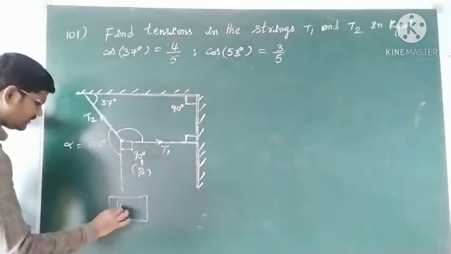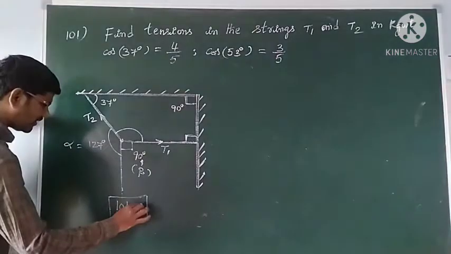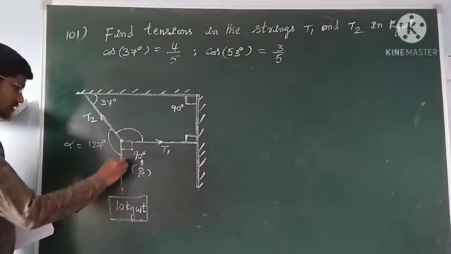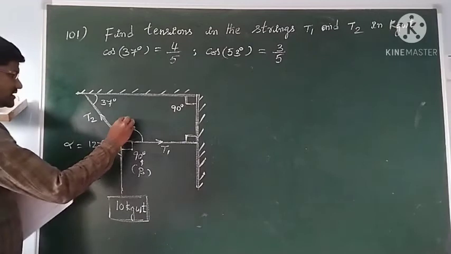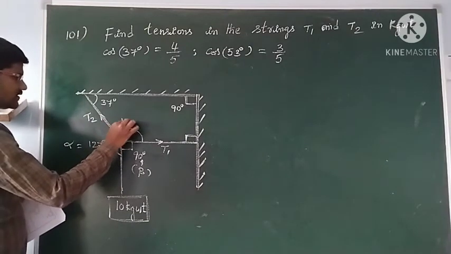So here given a 10 kilogram weight. The angle opposite to this 10 kilogram weight is given as 143 degrees.